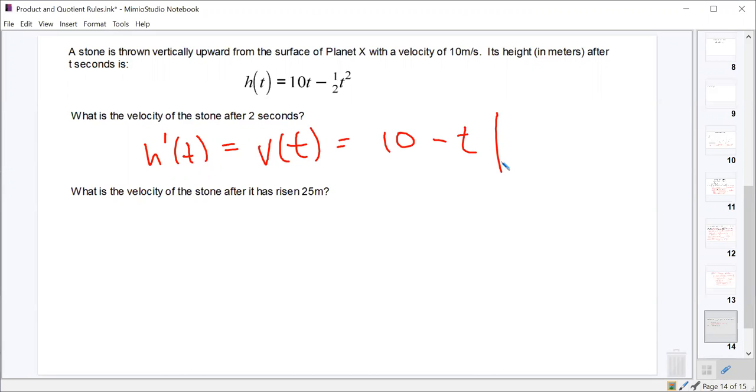Now we can evaluate that at t equals 2 to find out that the velocity of the stone is 8 meters per second. Good or no?